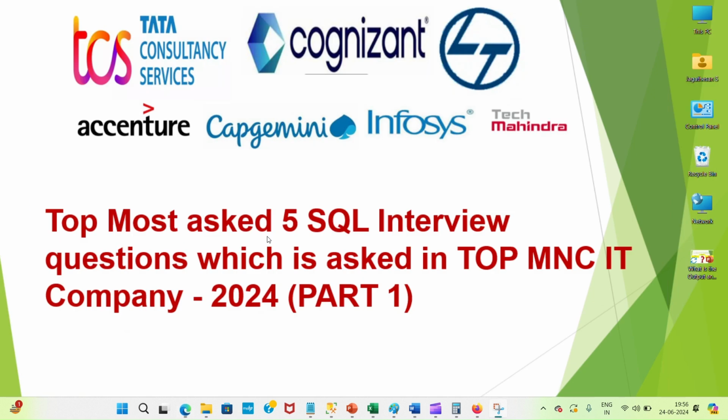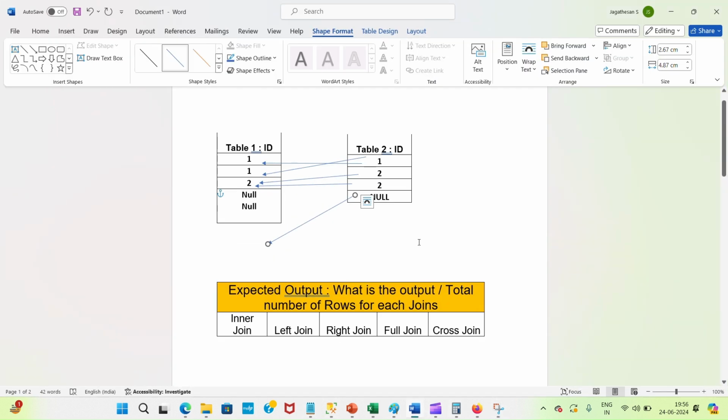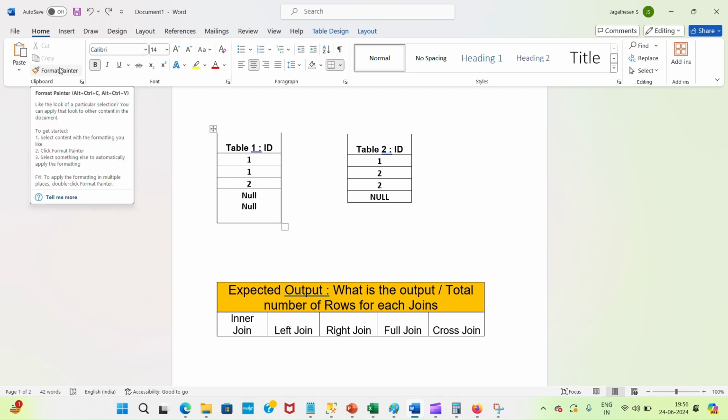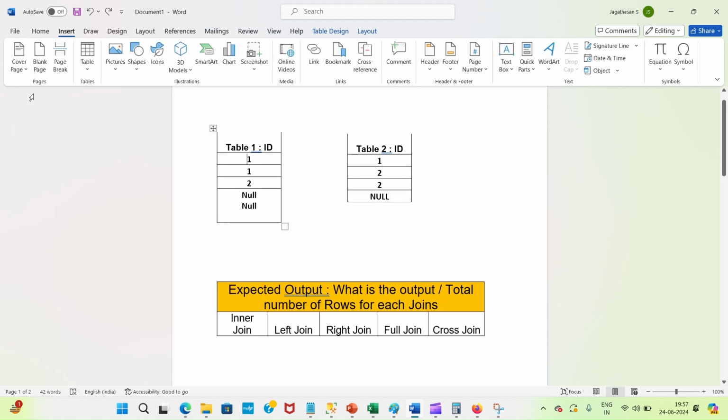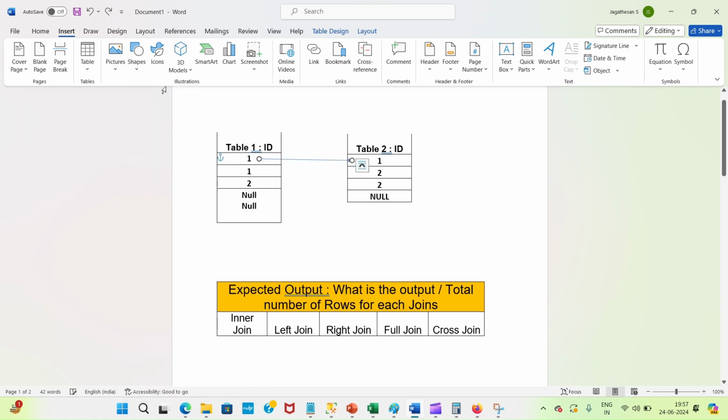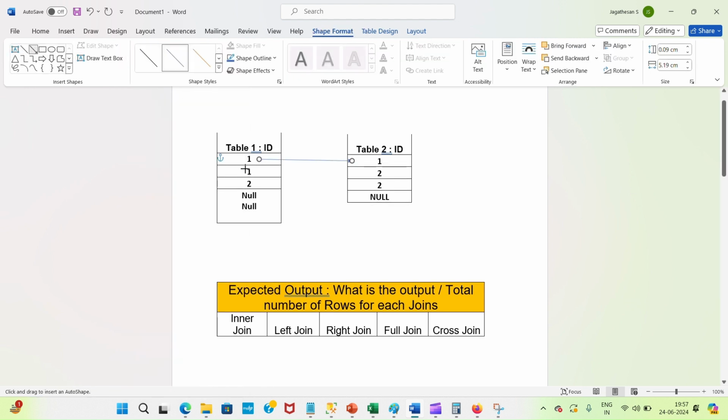Now we are going to start full join. What is full join? I will explain full join. Full join means left outer join plus right outer join. Both records should be present. So I will show you. This one joins with this one. This one joins with this one. This two joins with this two. This two joins with another two.